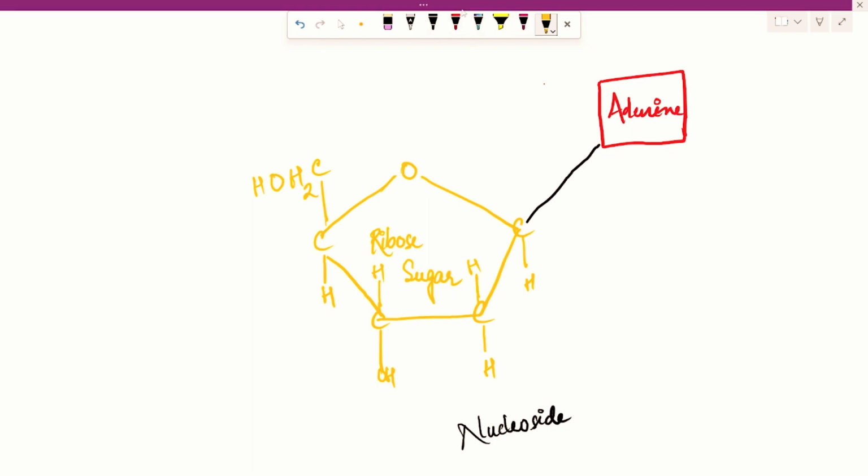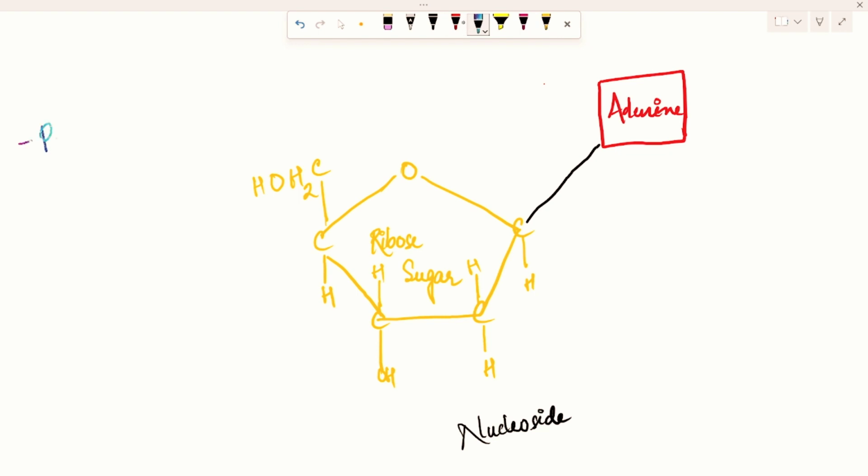Now, with this nucleoside, another big molecule will come and form a bond. That molecule is a group of 3 phosphates. Phosphate is actually PO4 3 minus. For simplicity, just P has been written over here. So these 3 phosphate groups come and form a bond with the 5th carbon over here. The bond looks like this.